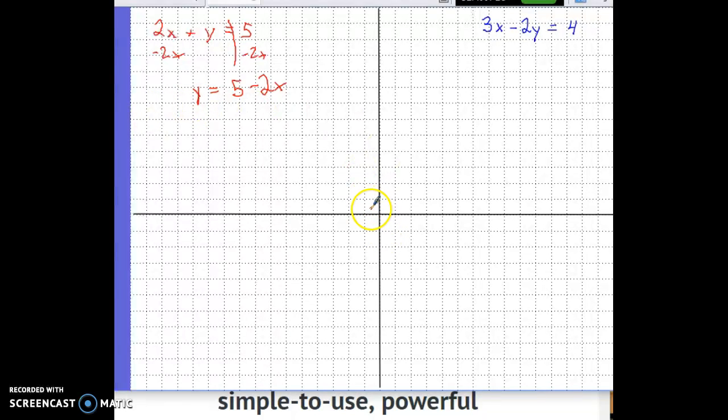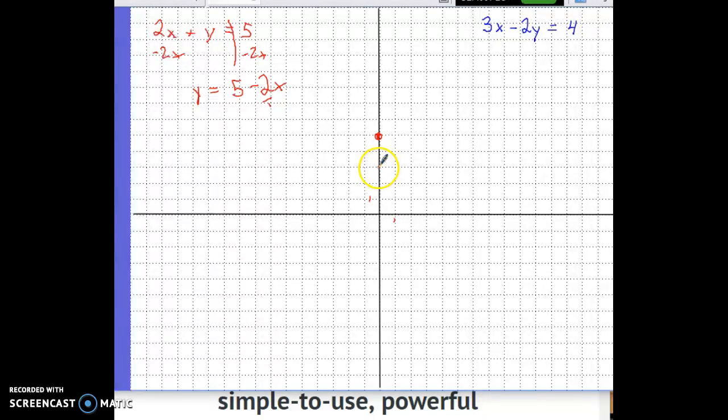I'm going to leave this one 5 minus 2x, just to show you that it really does not matter. When I go to graph this, again, we'll count by ones. My y-intercept is 5. The number without the x is your y-intercept. My slope is -2. Write that as a fraction, so I have my rise over run. -2 over 1.